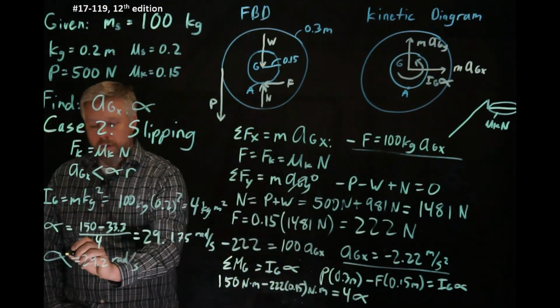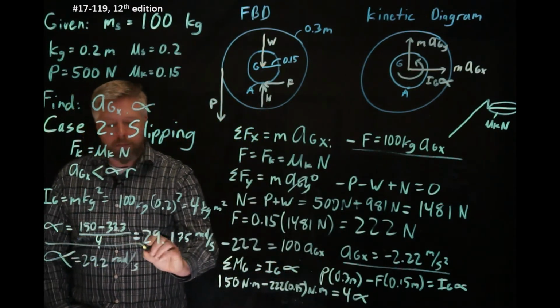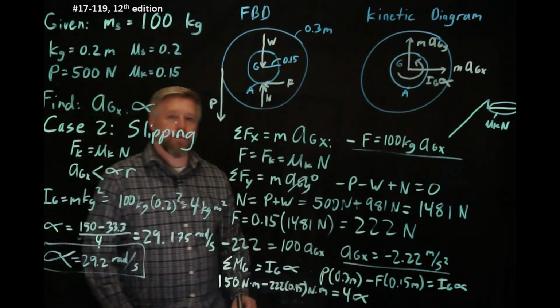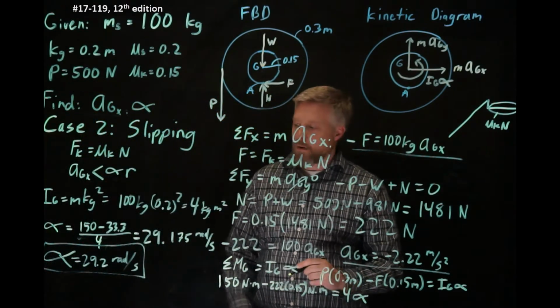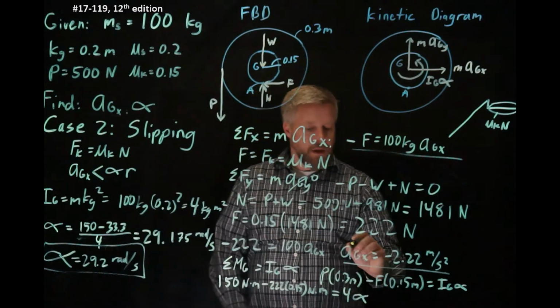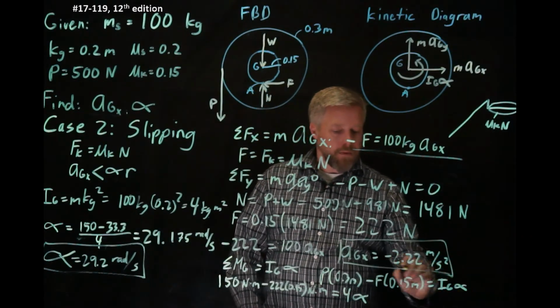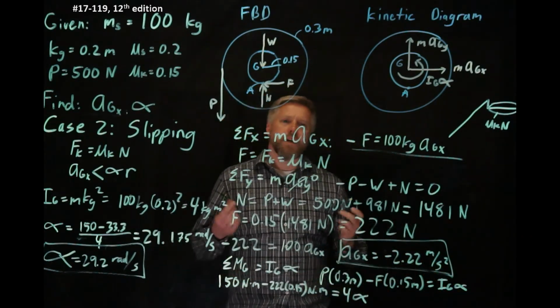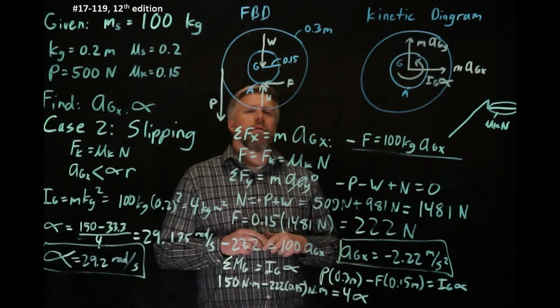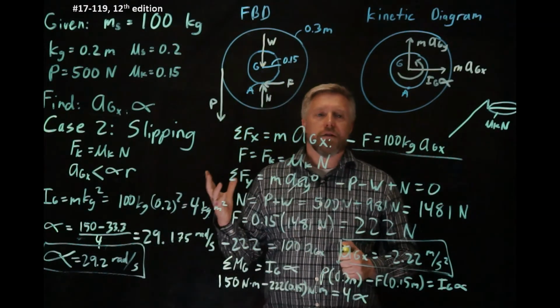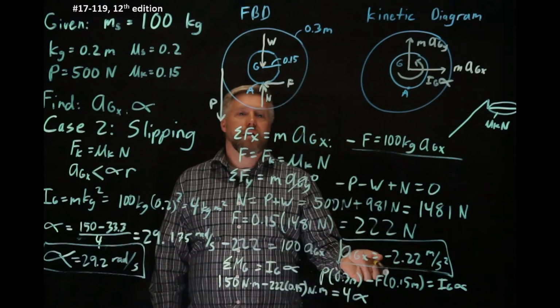Okay, at this point we know that this is our correct answer because we have already done case 1. We know alpha is equal to this and AGX is equal to negative 2.22. But let's just make sure that it makes sense to us. Remember when we solved case 1, we had an AGX of negative 3.6.